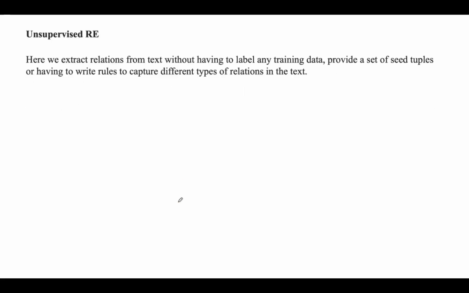And the last one is unsupervised relation extraction. Here we extract the relations without providing any labels to the data. We are not going to provide any set of seed tuples or write any rules in order to capture relations in the text.